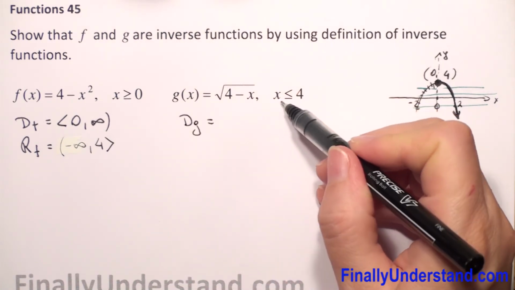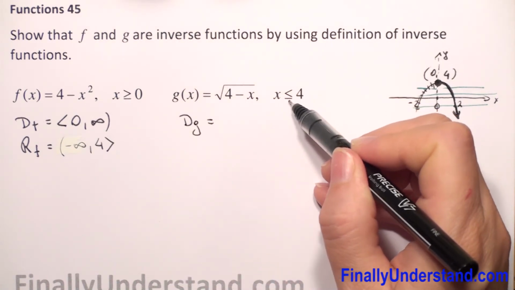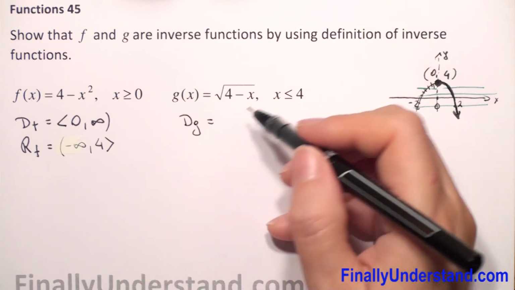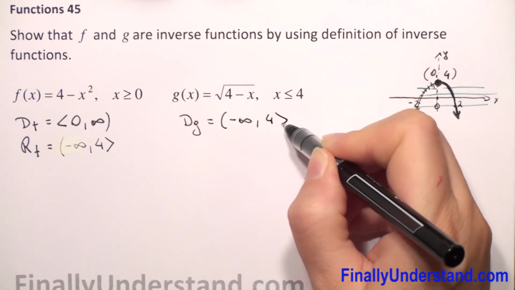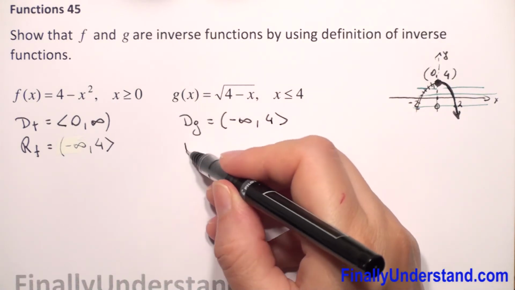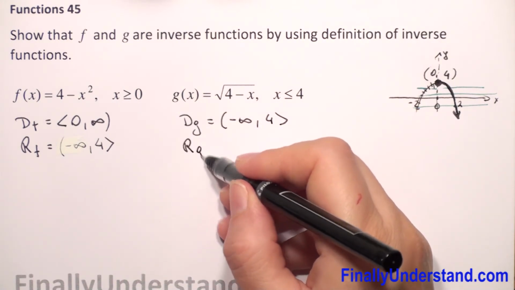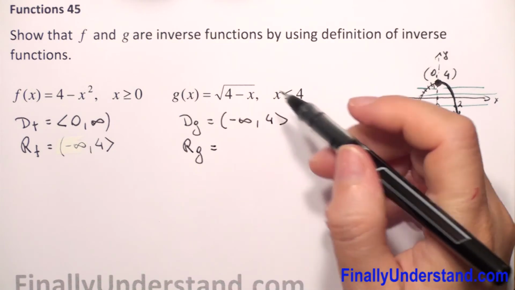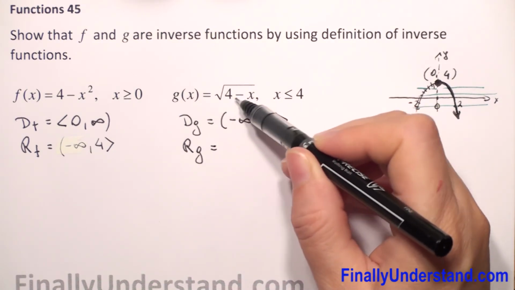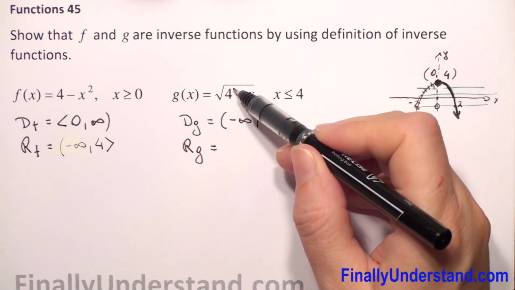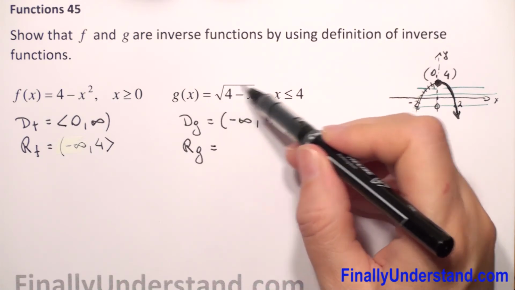The domain is also given. x must be less than or equal to 4. So this is the interval from negative infinity to 4, closed on the right side. And the range of our g function is all positive values, because we have here a square root.